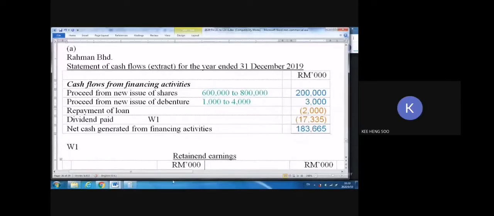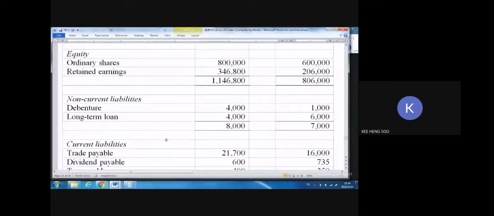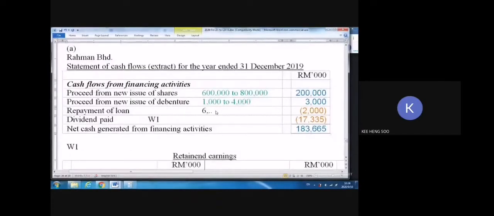Okay, how about repayment of loan? Repayment of loan from 6 become 4. So this is a repayment.